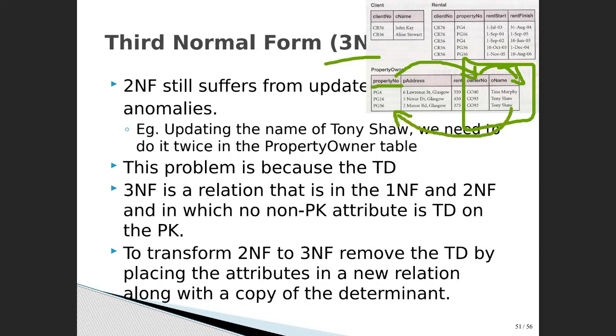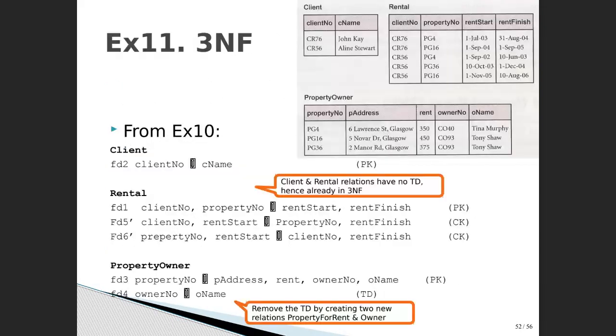That is transitive, and the relation in this case will suffer from update anomalies. So in this stage we can remove the transitive dependency, and we cannot say this relation is in its third normal form. It's in second normal form only, because there are no partial dependencies there. But we need to remove this and place it in a separate relation along with its key.